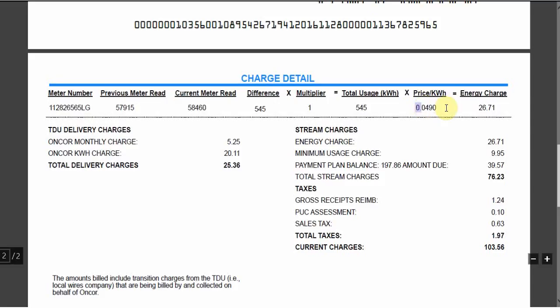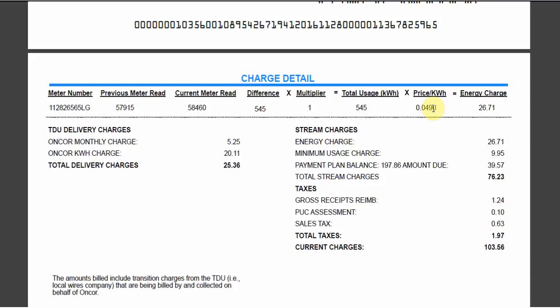And the reason I'm stressing that this is the base is because you have the Encore kilowatt hour charges that are added on to this, which increases that rate, okay? So my average rate on this one was not 4.9. My base rate is 4.9, meaning the rate which Stream is charging, okay?